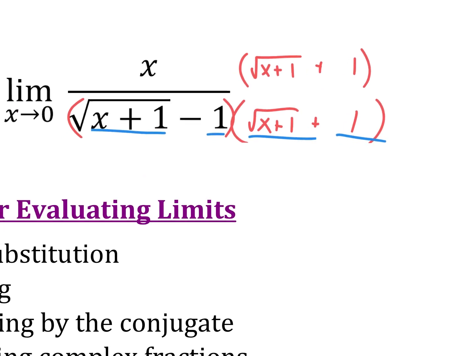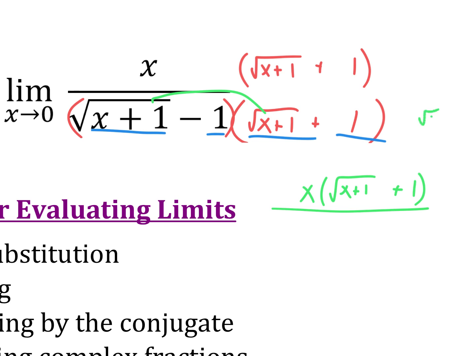The top part, I am not going to distribute. So leave that top alone. X times square root of x plus 1 plus 1. Over. Something interesting is going to happen here. We're going to have square root of x plus 1 times the square root of x plus 1. Well, a square root of anything times a square root of anything, the square roots just cancel out.